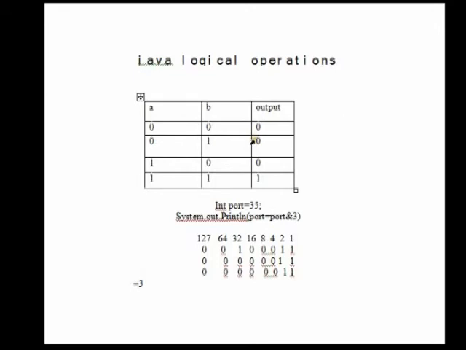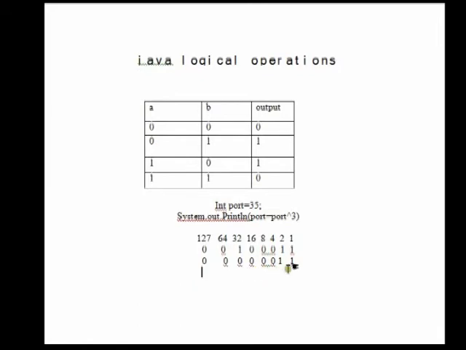Now XOR works a bit similar to this, but the truth table is different. With XOR, this is true, and this is true, this is false. That is the sign of XOR. You do the same thing you did with AND: write 35 here, which we've done, and then 3, which we've done, and then the final result changes.